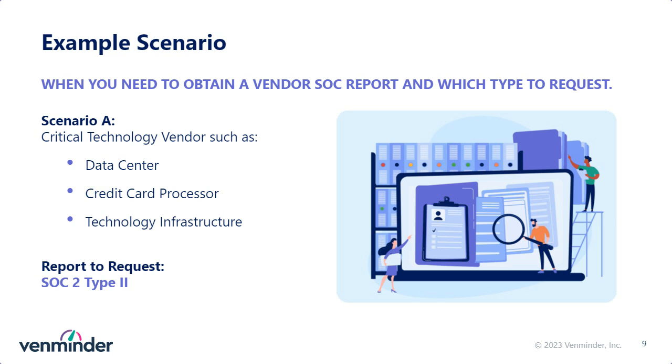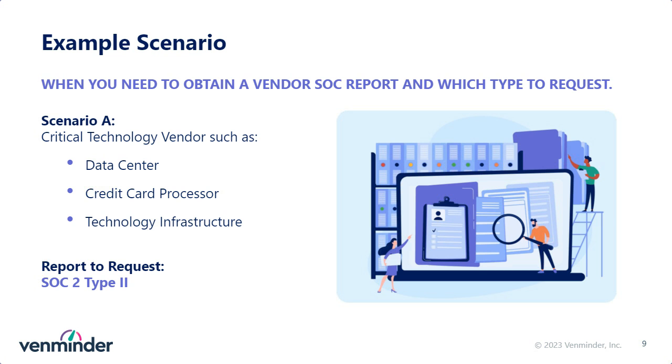Ultimately, in this type of scenario where you have a critical technology vendor, somebody that you are dependent on that will impact your availability to your customers or your consumers, or is high risk, so they're processing credit card information or PII, you really should aim to get a SOC 2 Type 2 if it's available.